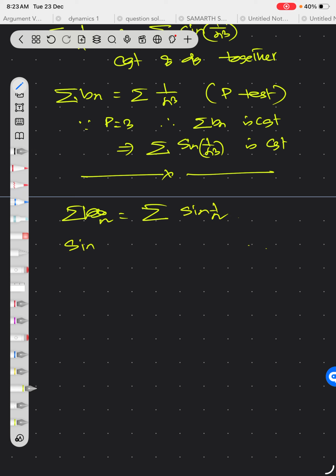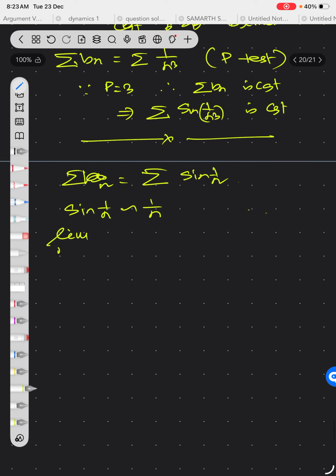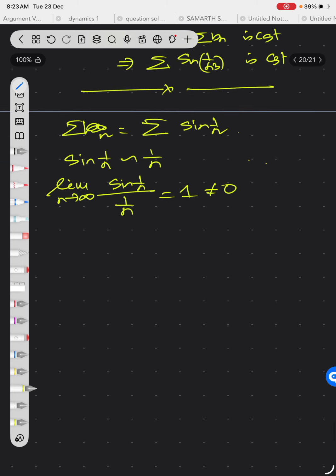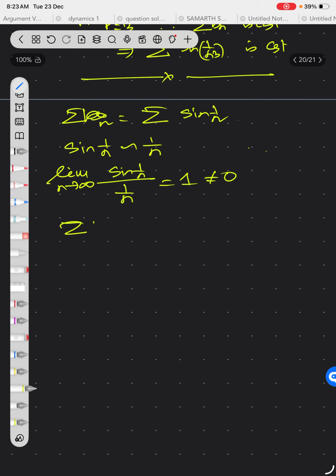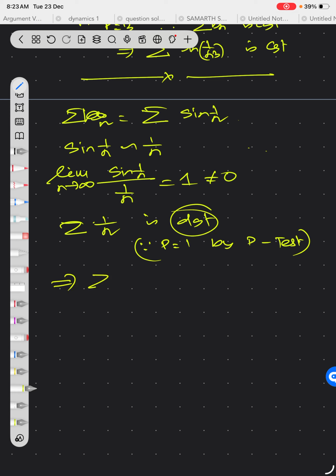Since sine 1 by n can be compared with 1 by n, and the limit as n approaches infinity of sine 1 by n divided by 1 by n is equal to 1, which is non-zero, by using the limit comparison test again, since the summation of 1 by n is divergent, why? Since the value of p is equal to 1, by the p test we can confirm that this series is divergent. So therefore this implies the summation of sine 1 by n is also divergent.